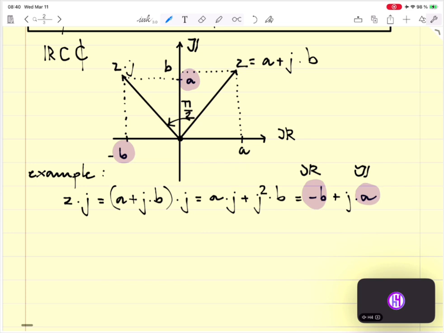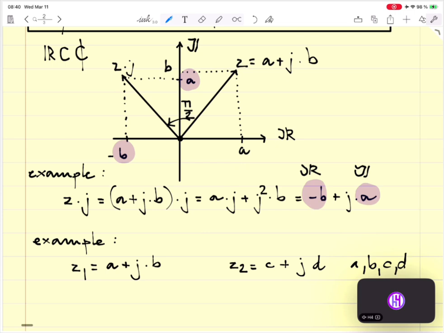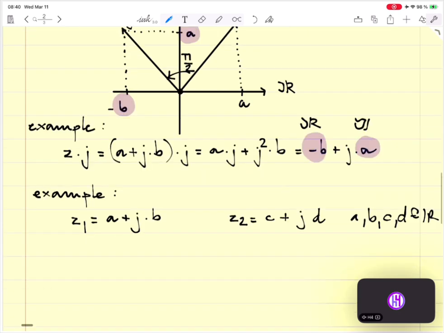So another example. Now imagine we have z1 equals a plus j times b, and z2 equals c plus j times d, and a, b, c, and d are real. Okay? We have two complex numbers, two vectors.